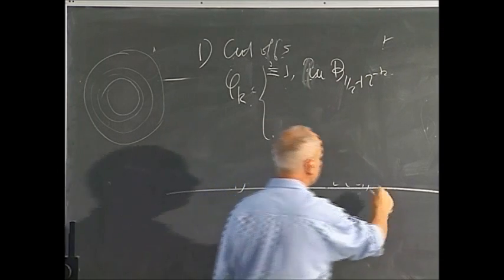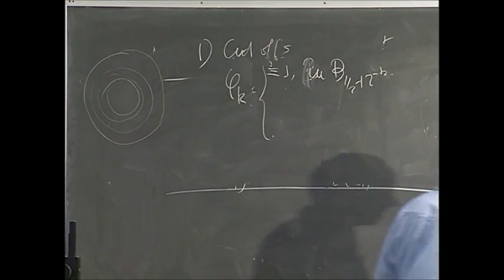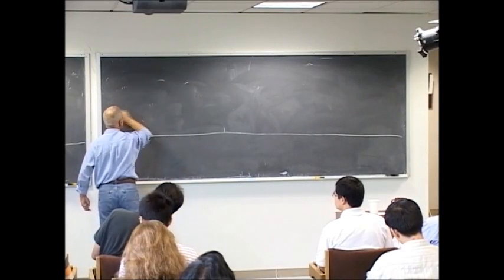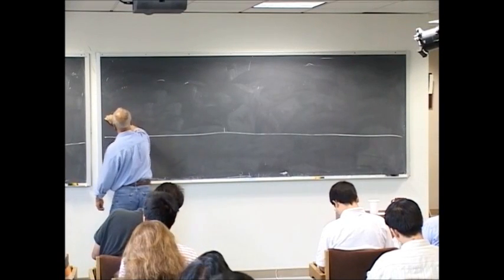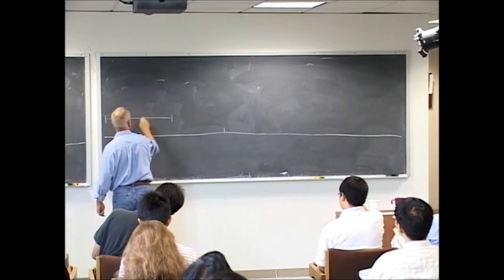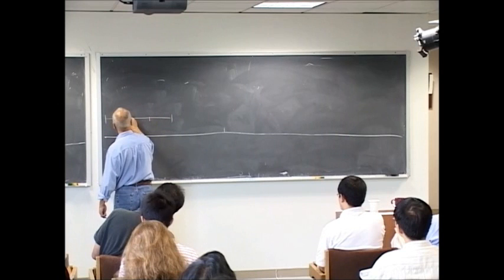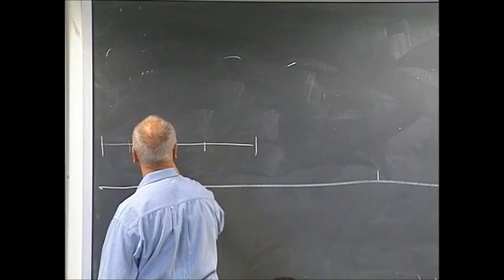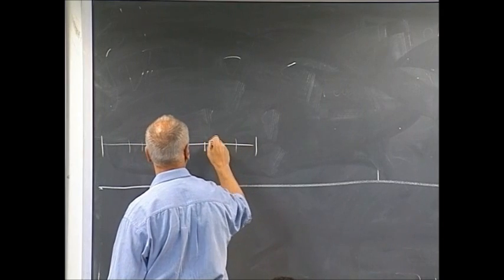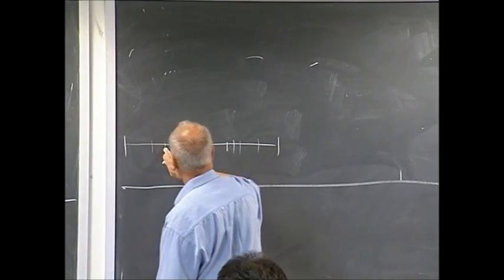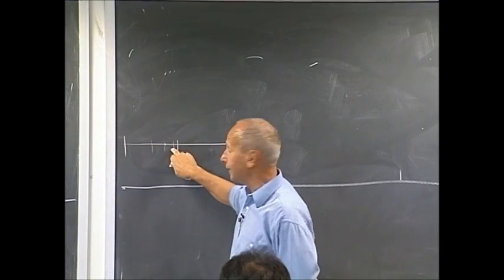Let me do a little picture. Maybe I do the pictures on this side. So here I have the ball of radius 1, here I have the ball of radius 1/2, and I'm going to take this sequence of rings, 1/2, 1/4, 1/8, and so on.